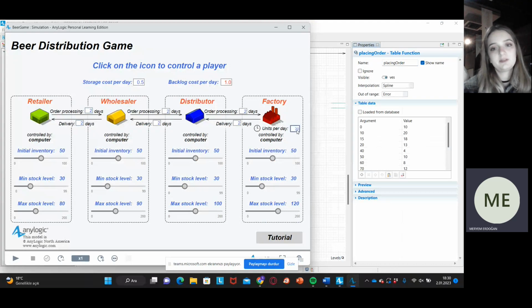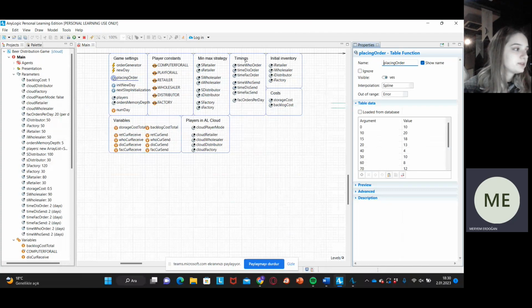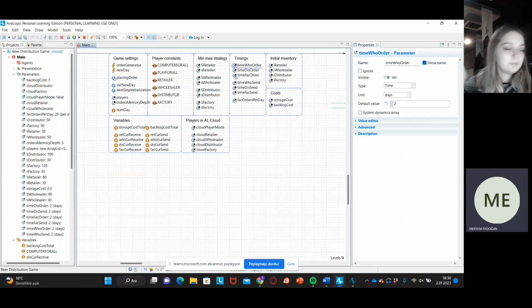And lastly, units per day is 20. In timing options, there are some parameters called via AnyLogic. These parameters refer to wholesaler, as you can see here, distributor, factory. It also means order processing time and delivery time. Furthermore, the fetch orders per day option points out the orders completed by the factory.